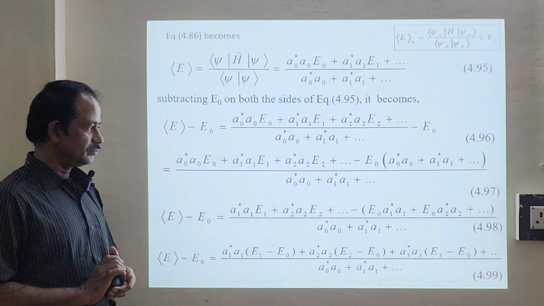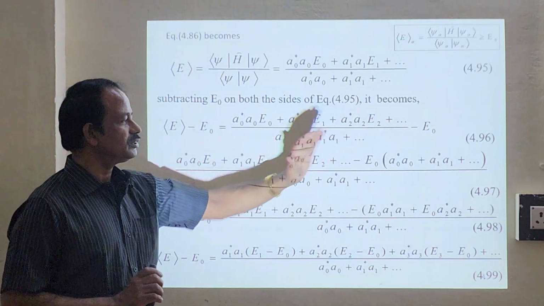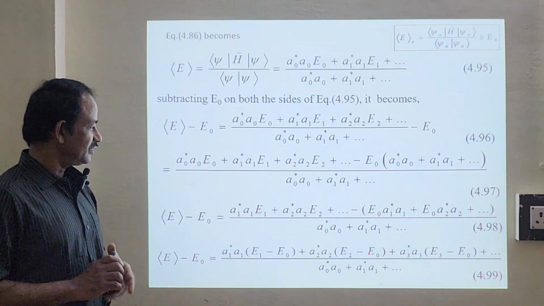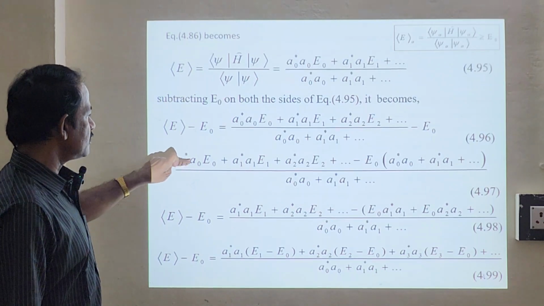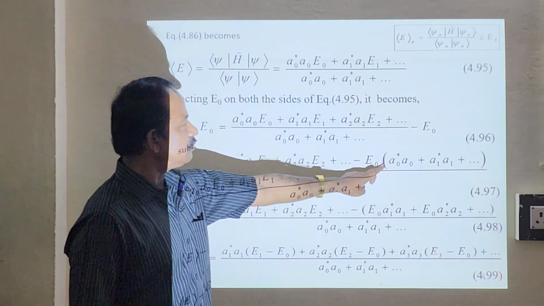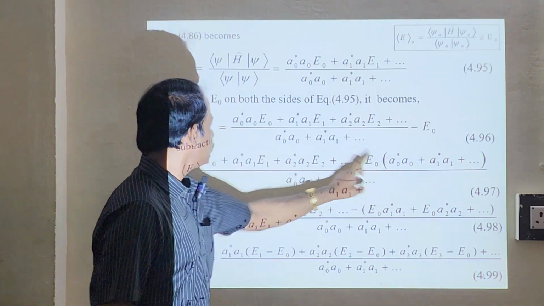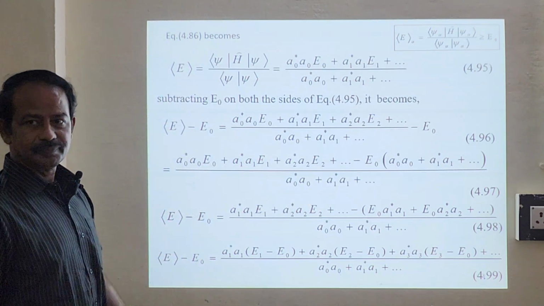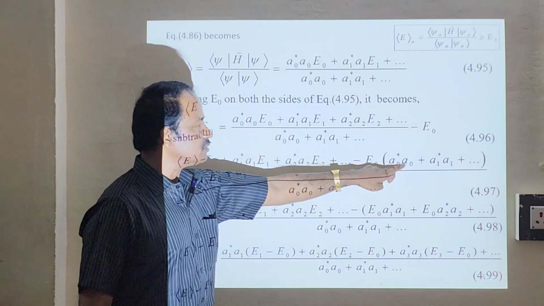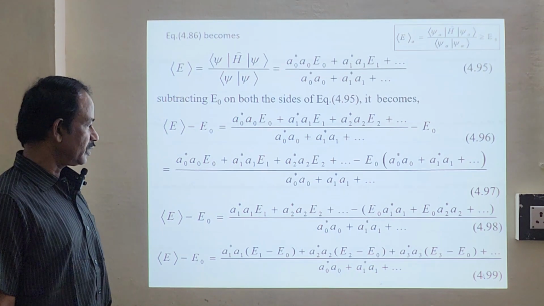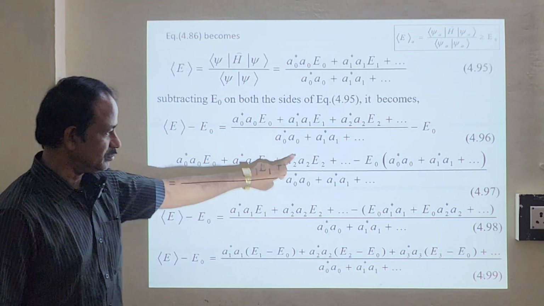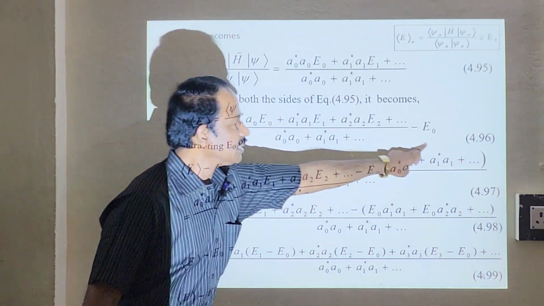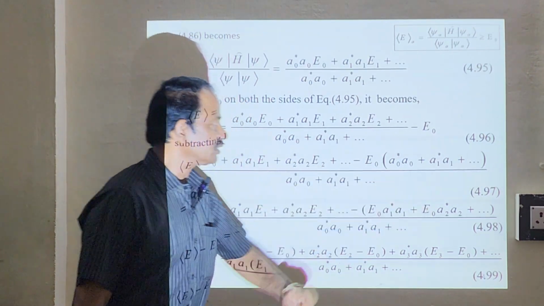Very simple one. Now you are going to subtract this term. So we have a naught star, a naught, e naught, and we have a naught star, a naught, e naught. Both the terms will get cancelled. Correct? The first term of this and the first term of this will get cancelled. The second term is written exactly like this, and the third term is written here.